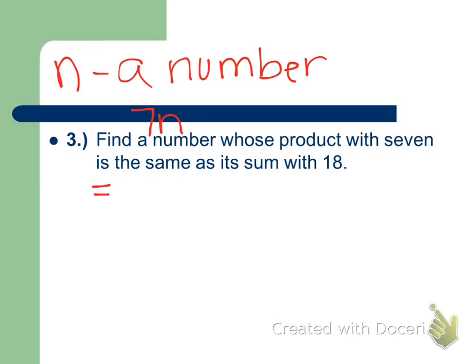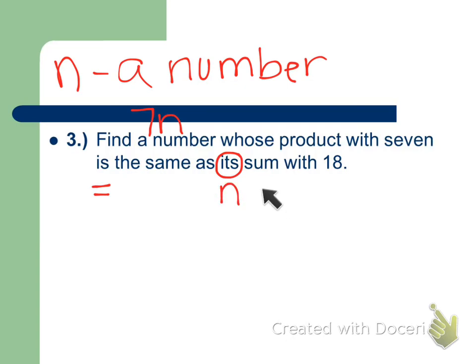Is equals the same as its sum with 18. So here it's tricky. The word its, here it's a small word, but it's very important. Its refers back to our number. So we have to think of that number again when we see its. So N again.